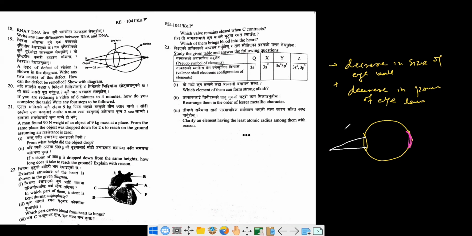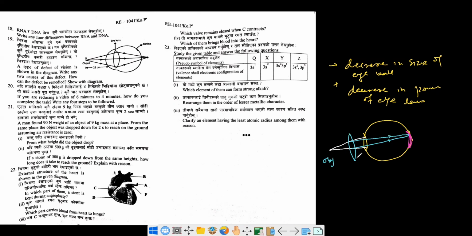The light goes behind and is not converging properly. If it is not converging, we will put one more convex lens so that the light will simply reach the retina and the final image will be formed at the retina, and this will also clear out the issue.